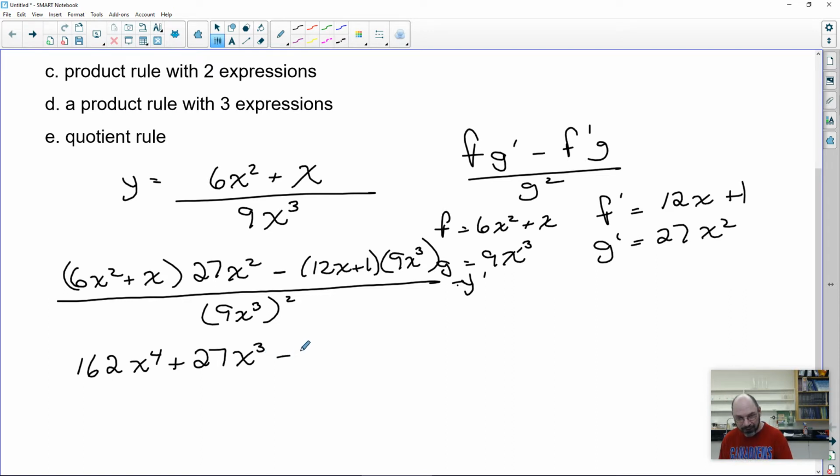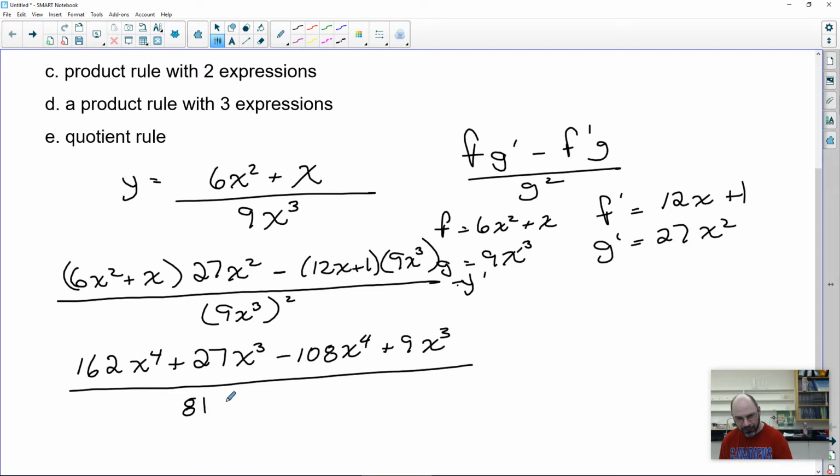So that's 108x to the fourth. Okay, and then plus 9x cubed. So we can simplify those because they're common ones. All over 9 squared is 81. And x cubed squared is x to the sixth.